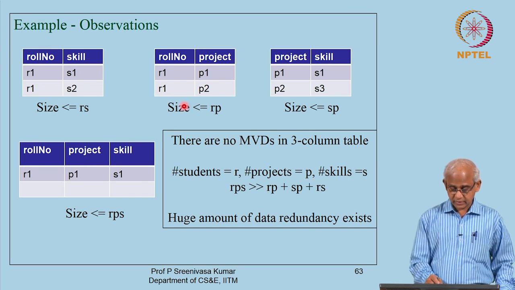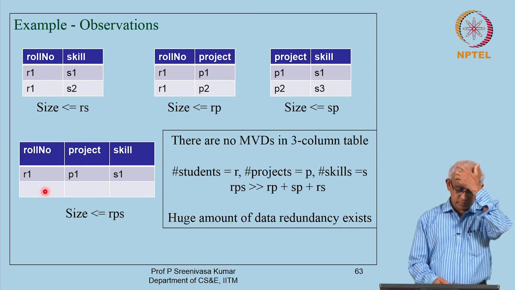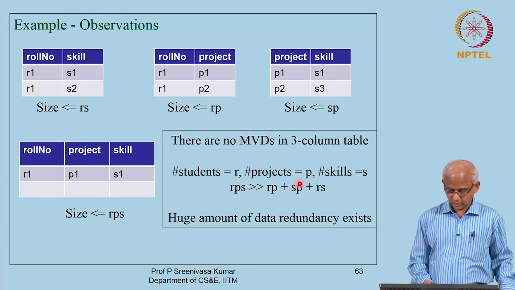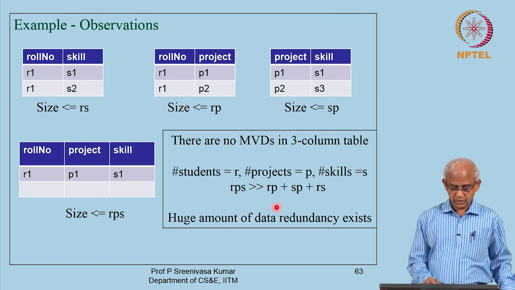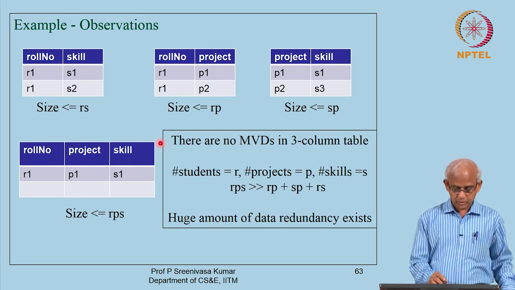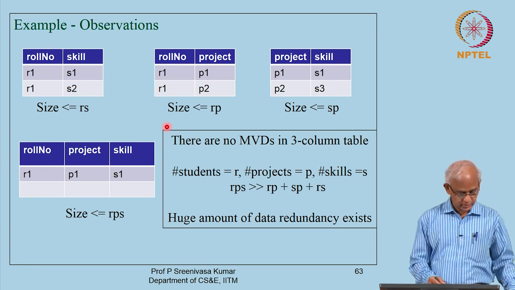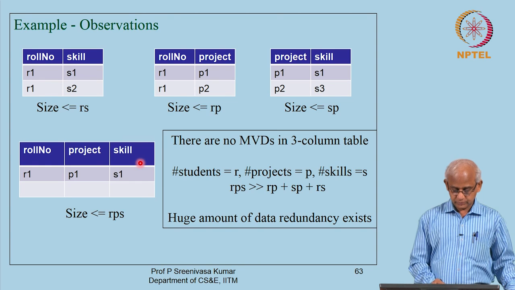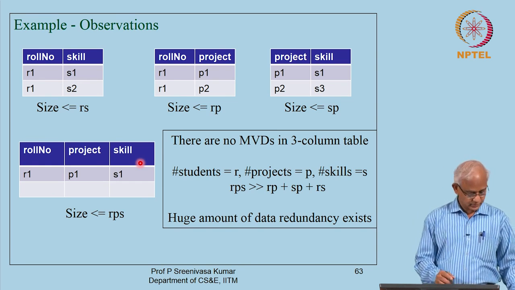Then it is highly likely that this will have a huge number of redundant tuples. So, there is a huge amount of data redundancy here, and so we will say that the joint dependency exists here, and we are advised to avoid this kind of design.